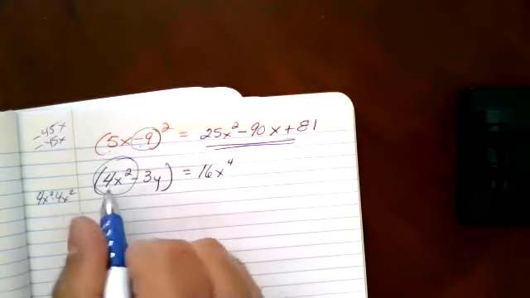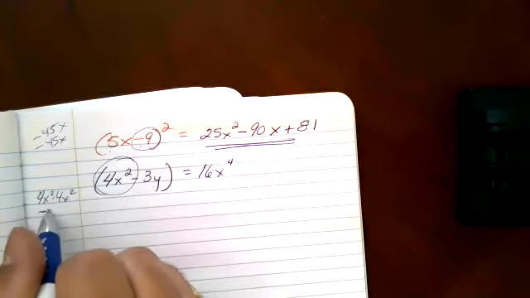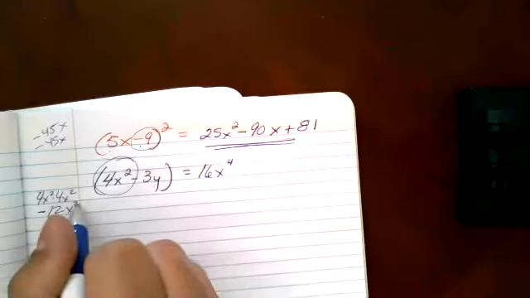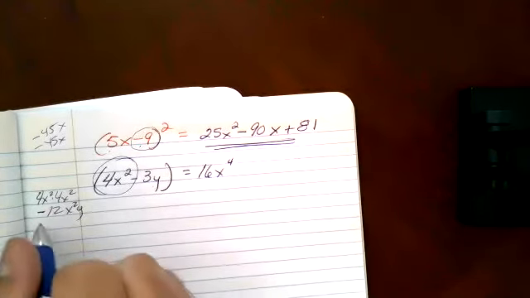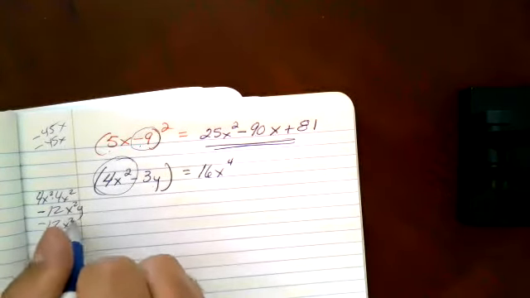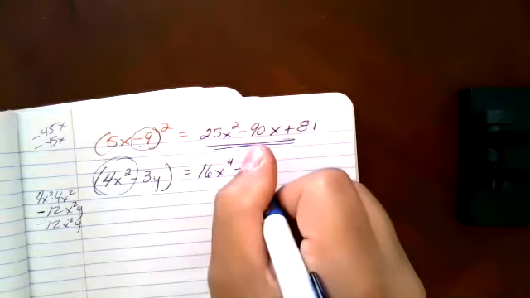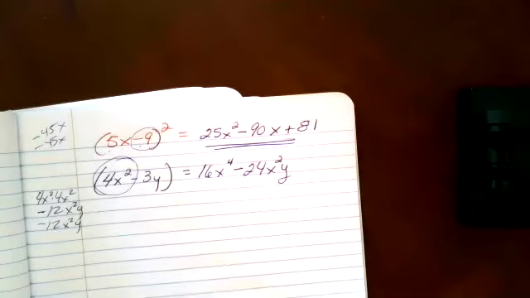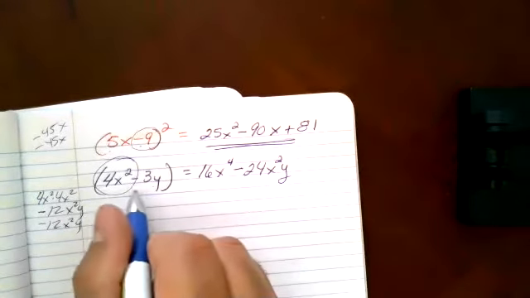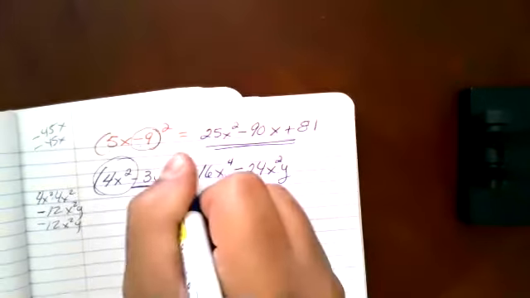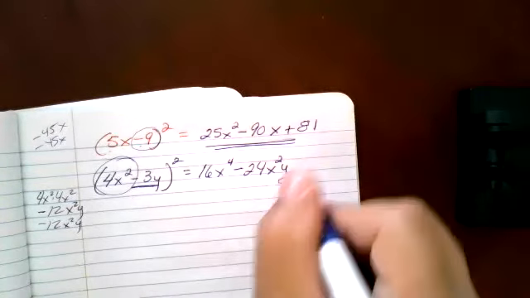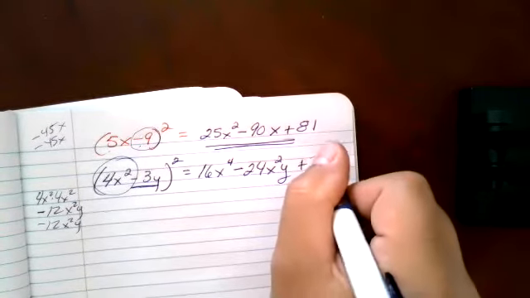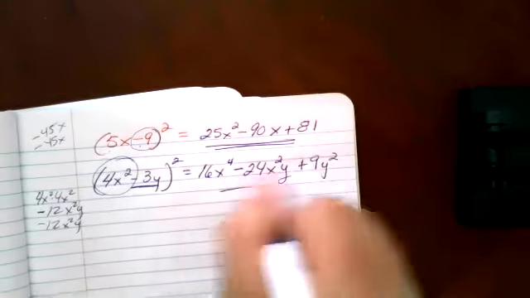And then I multiply these two, which would be a negative 12x squared y, and I double it. So I'm going to have negative 24x squared y. And then I square my last term. Oh, I've got to put my square on. So this would be plus 9y squared.